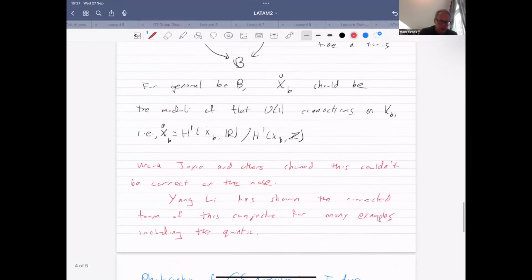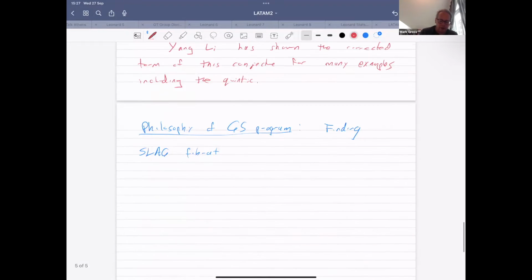So the philosophy here is that finding special Lagrangian fibrations is hard, but we can understand a lot about B without knowing about special Lagrangian fibrations.